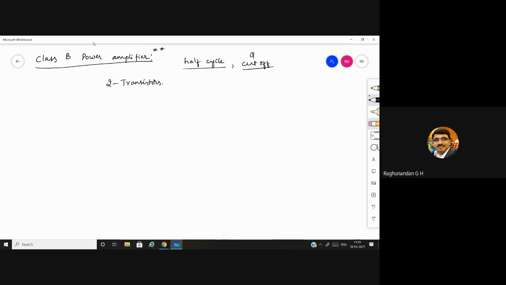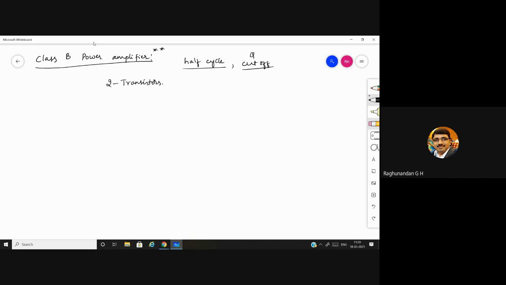Because you can see in our class A amplifiers, we had used only a single transistor, because class A amplifiers are capable of giving the output for the entire signal. That means it is going to give the output for the full cycle. But a class B power amplifier works only for a half cycle. So in order to overcome this problem, instead of a single transistor, we are going to use two transistors.